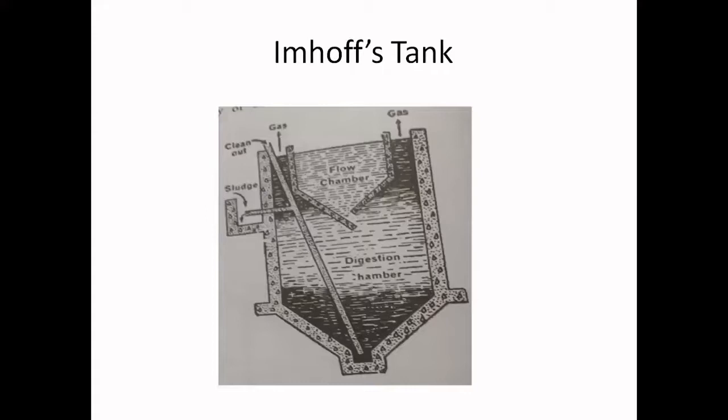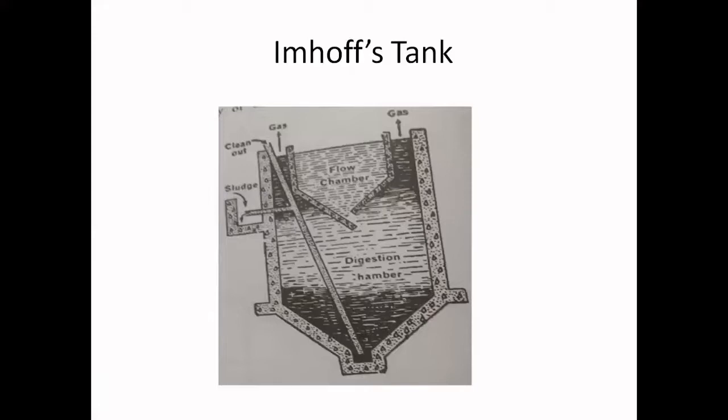The Imhoff tank is mainly composed of two compartments, that is, a sedimentation chamber and a digestion chamber. The sedimentation chamber is also known as the flow chamber. This is the upper compartment of the Imhoff tank, in which the sewage is collected.